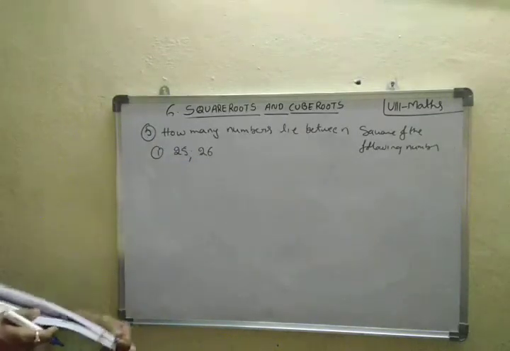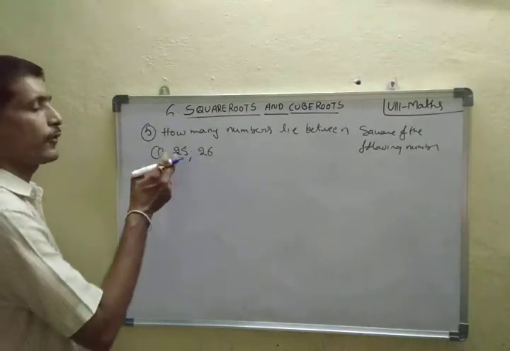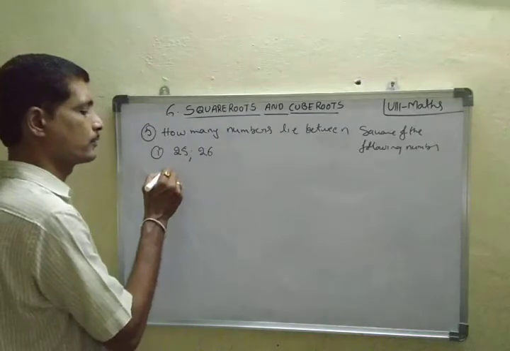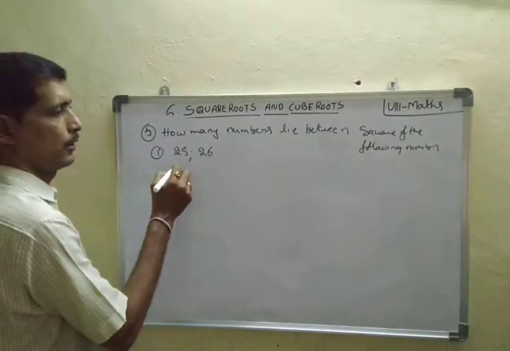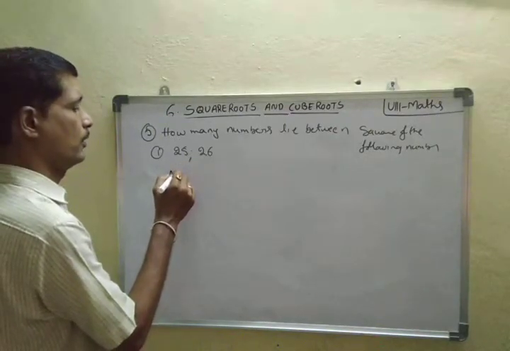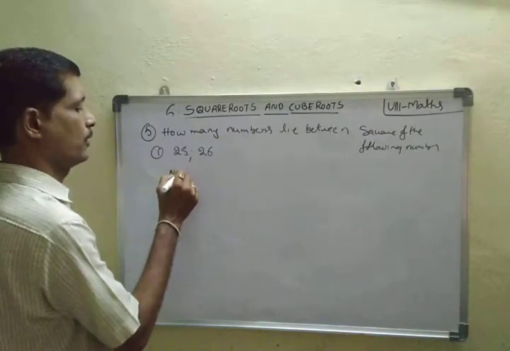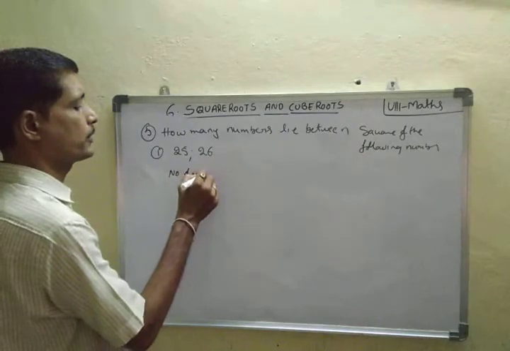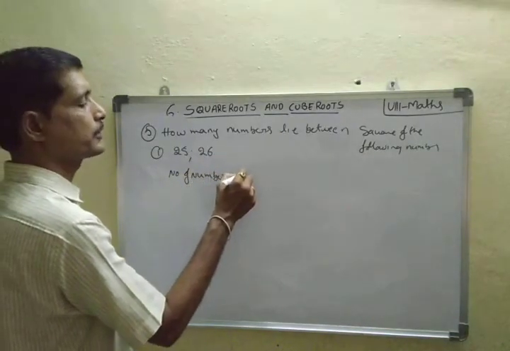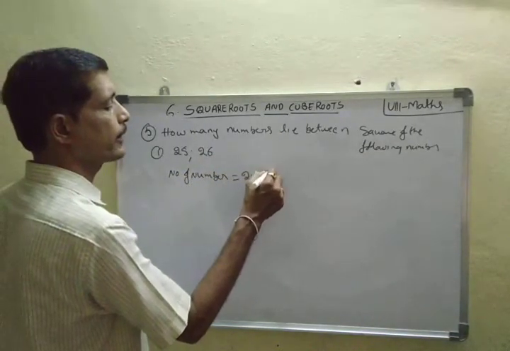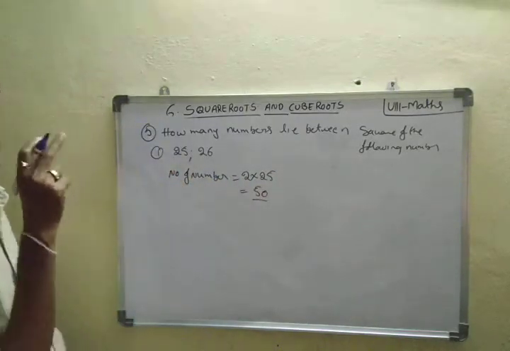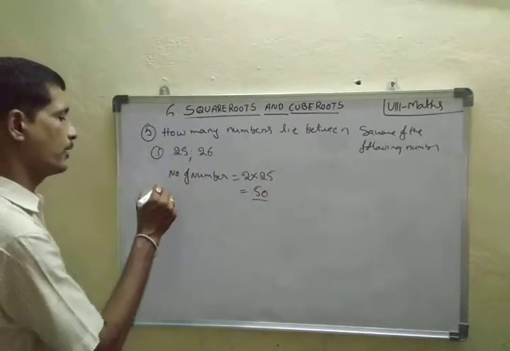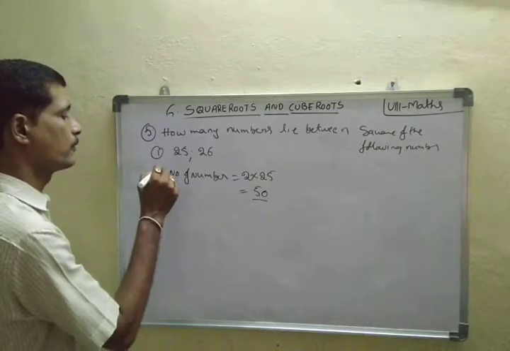How many numbers lie between the squares? Here, the number of numbers is equal to twice the first number. 2 into 25 equals 50 numbers lie between 25 square and 26 square. This is the first method.